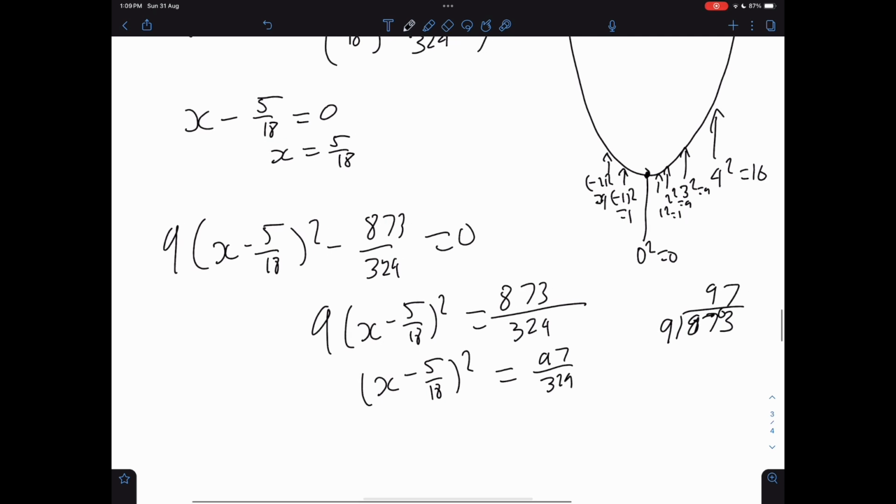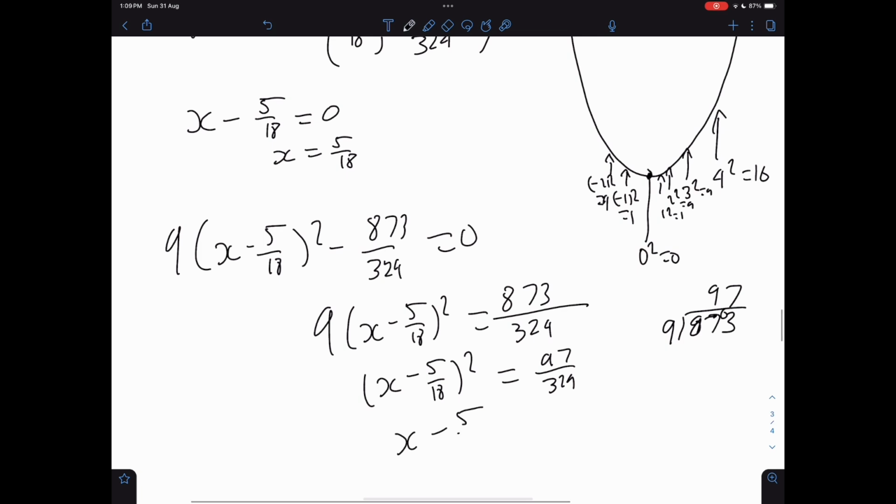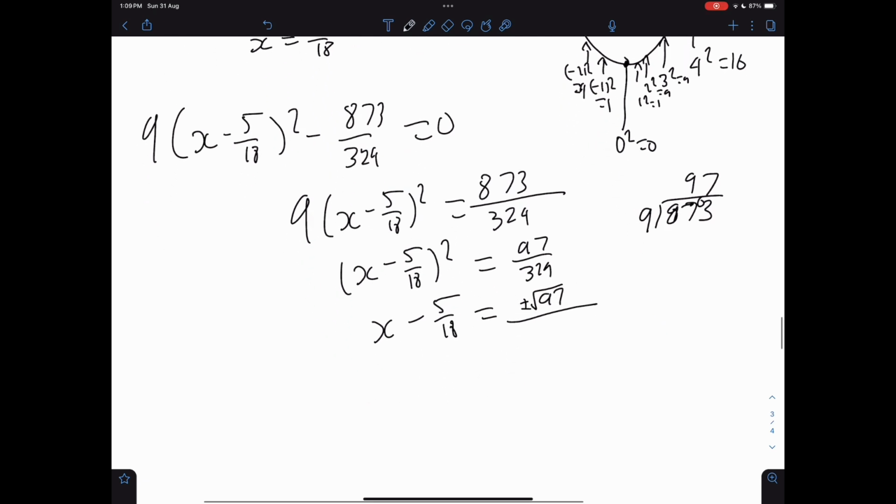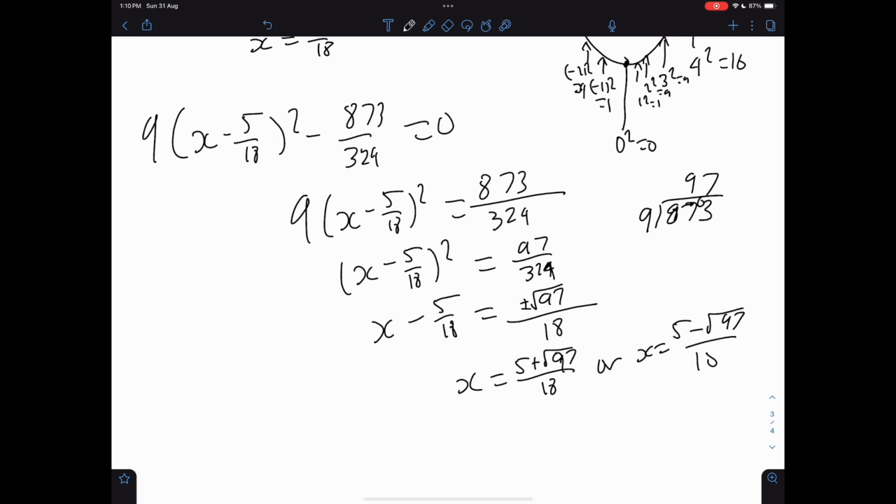And then you take the square root. 97 is a prime number. And then don't forget your plus and minus. So then x will equal 5 plus root 97 over 18, or x equals 5 minus root 97 over 18.